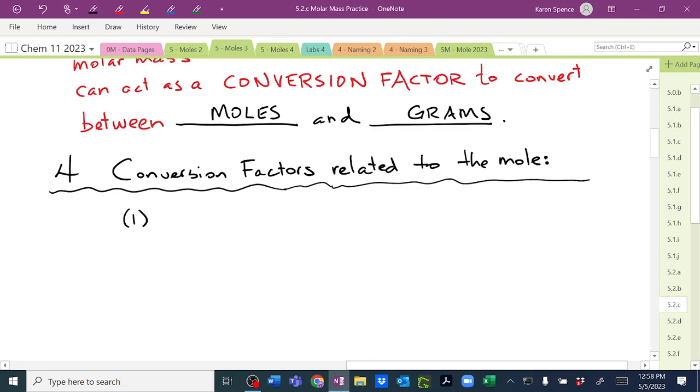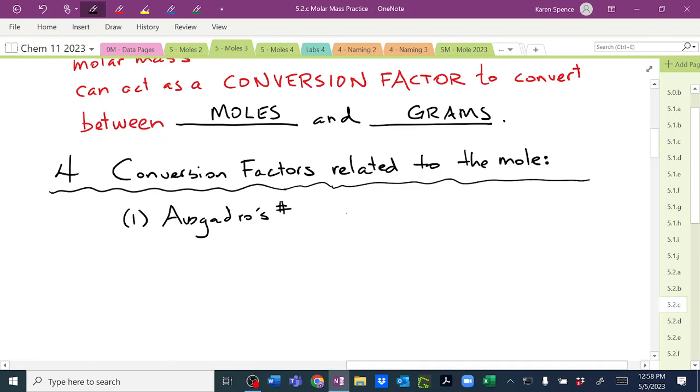Okay, what's one of them? Any one of them? Yes. Avogadro's number. And what is Avogadro's number useful for converting between?